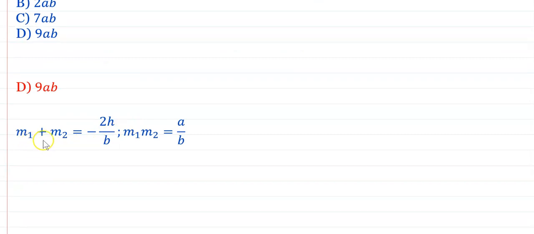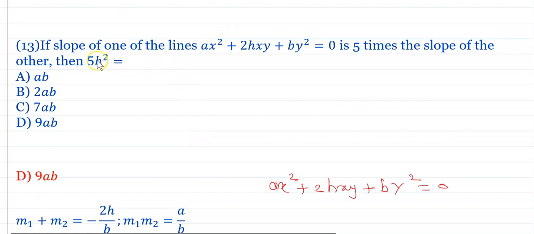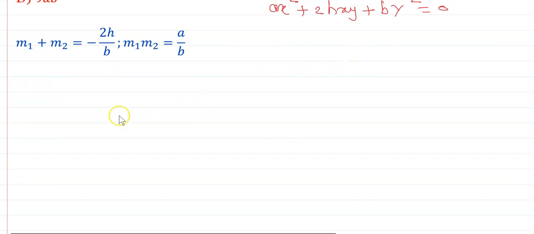For the joint equation ax square plus 2hxy plus by square equals 0, the sum of the slopes m1 plus m2 is minus 2h upon b, and m1 into m2 is a upon b. Now what is the condition given? The slope of one line is 5 times the slope of the other.